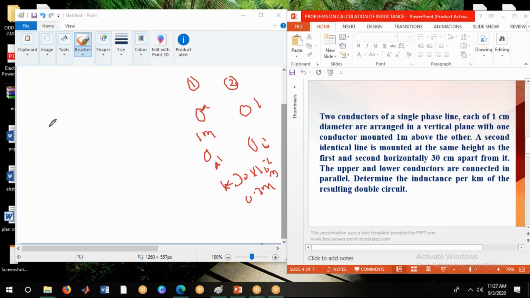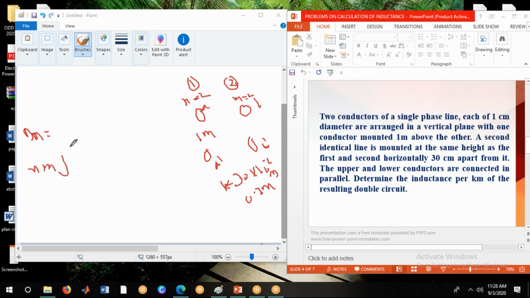Now we have to calculate the Dm value. So one circuit has n number of strands, and the other has m number of strands. Totally n equals 2 and m equals 2. Right?